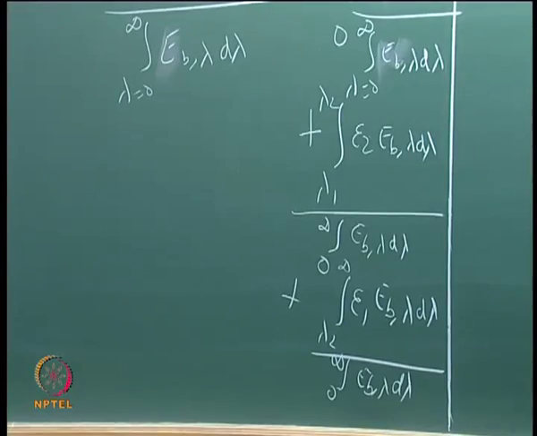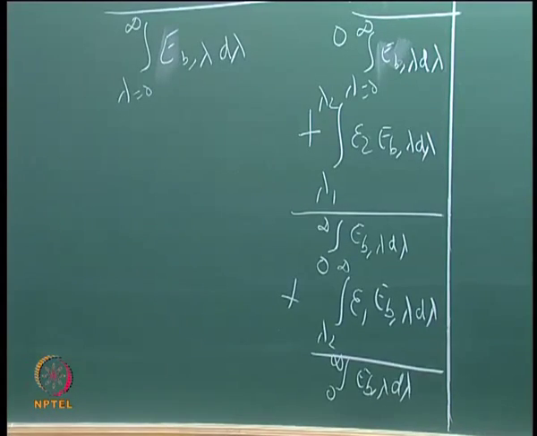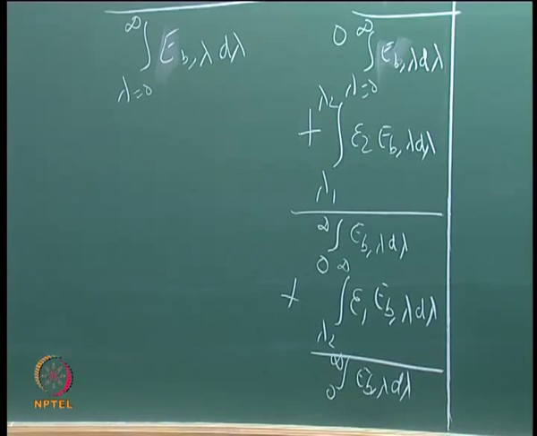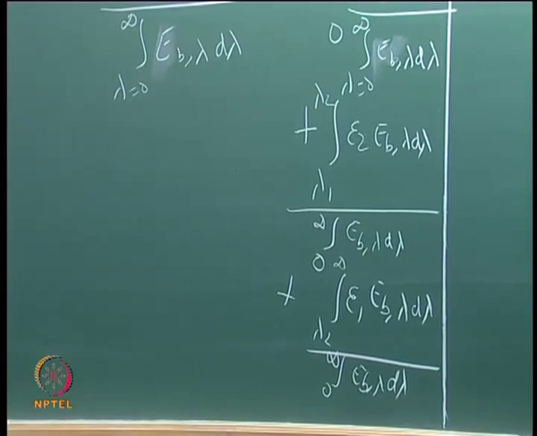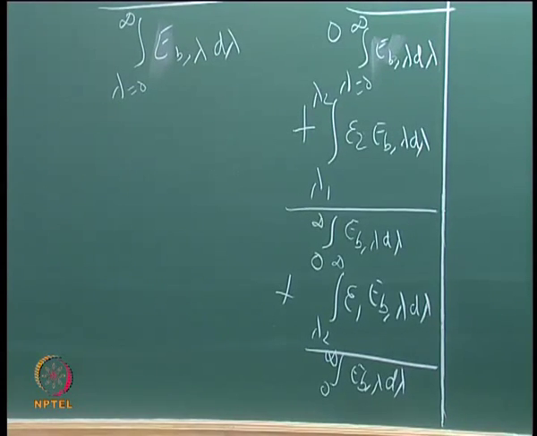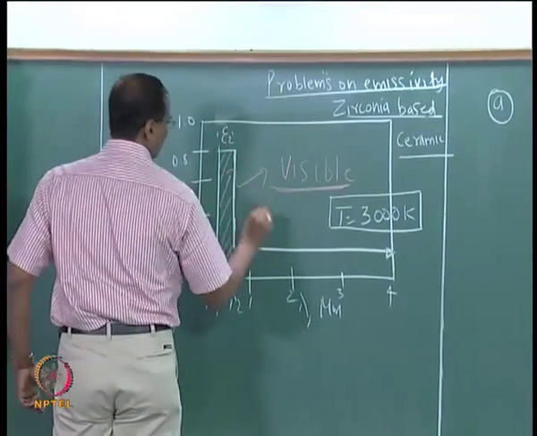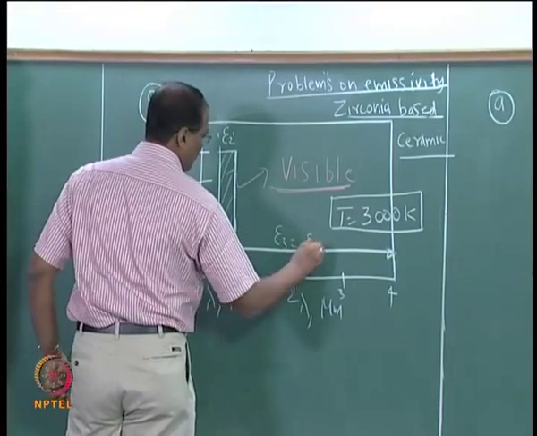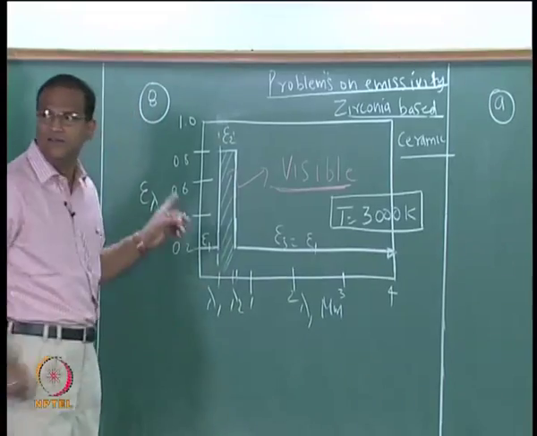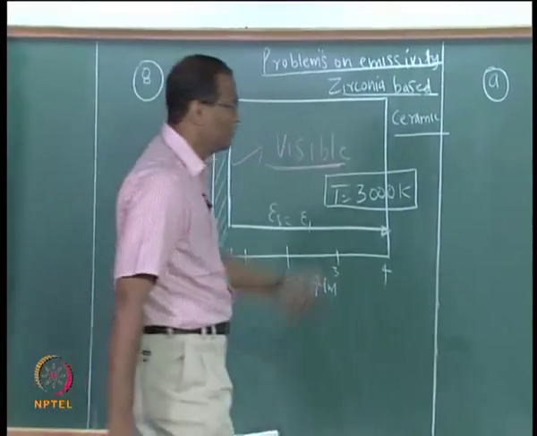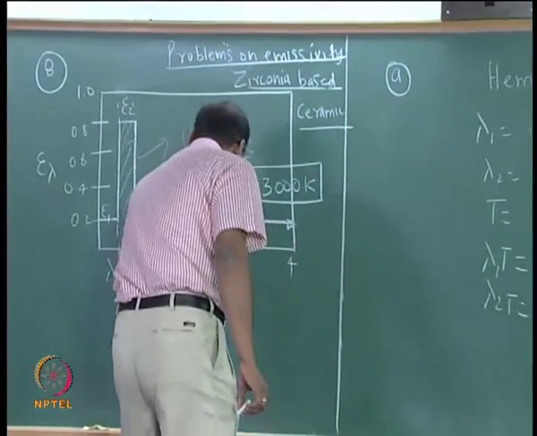There are 3 terms. Epsilon 3, I have put epsilon 1, epsilon 1 equal to epsilon 3, agreed? 0.2. Now we will not use the F function chart.